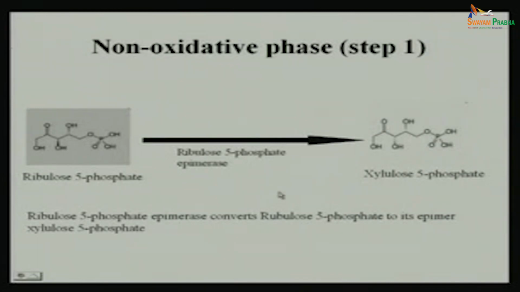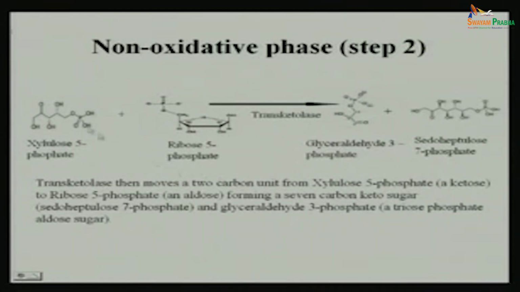This is the epimer of these two sugars, ribulose and xylulose. Both are pentose sugars. Here xylulose 5-phosphate is the ketopentose and ribose 5-phosphate is the aldopentose.